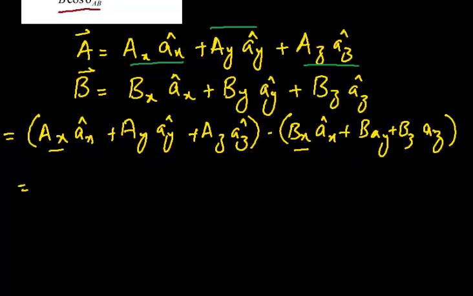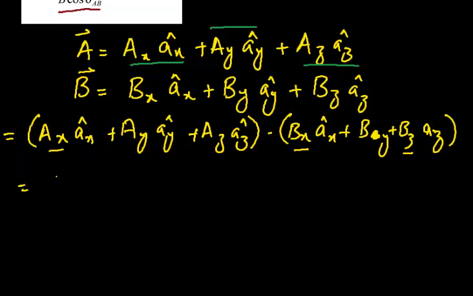What I have written here is incorrect, this is BY, and then this AX has to go with the BZ. Likewise, AY has to go with the BX, AY with the BY, AY with the BZ, and so on.